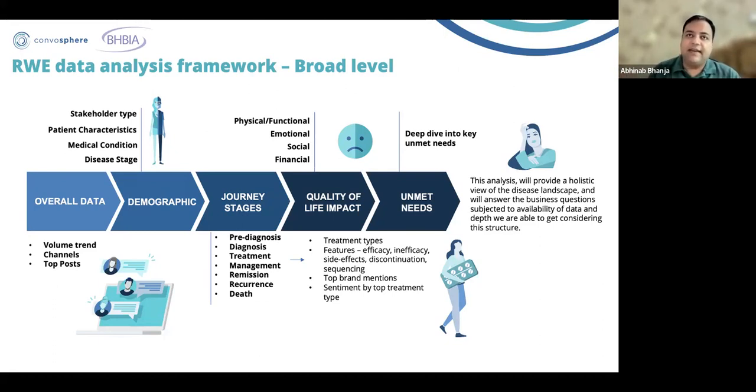Typically we'll get unmet needs around information needs, support needs, and needs related to HCP interaction and therapy. We try to identify and categorize those unmet needs into those broader brackets. At the end of the day, the entire exercise will try to answer RWE-specific business questions, providing quantitative and qualitative insights using this framework.